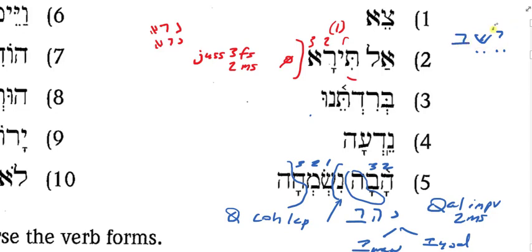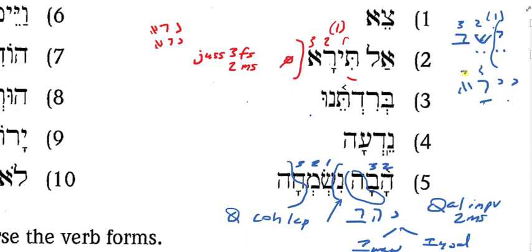This is a one vav verb. The yod is the prefix yod. So I'm only seeing roots 2 and 3. Root 1 is gone. It's missing. Can't see it. And my vowel pattern is tsere under the prefix and tsere under root 2. For this one, it would be yira for yara.